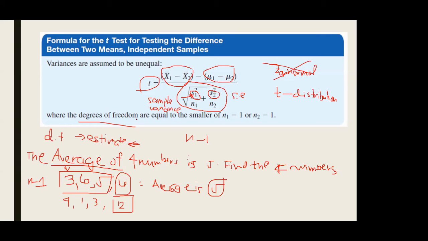Correct? So now you have, so here the degrees of freedom is just equal to the smaller of n sub 1 minus 1 and n sub 2 minus 1. So whichever is smaller, then that will be the degree of freedom.